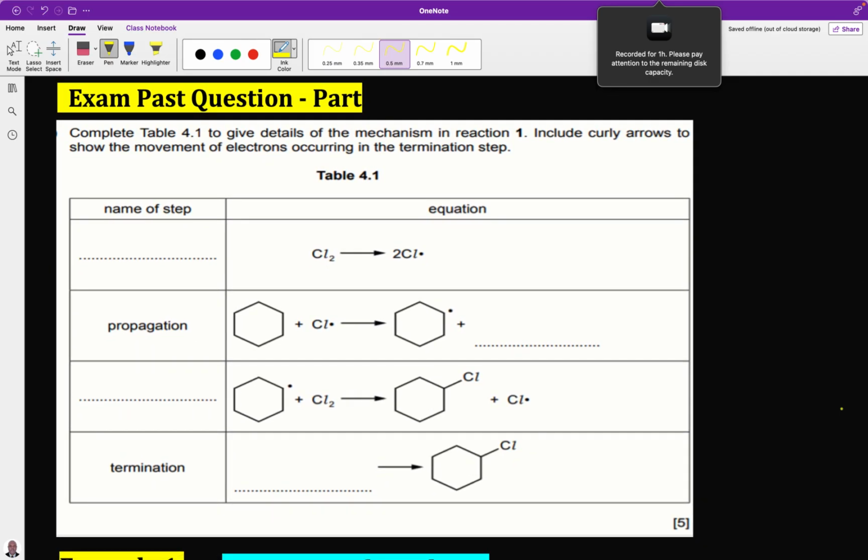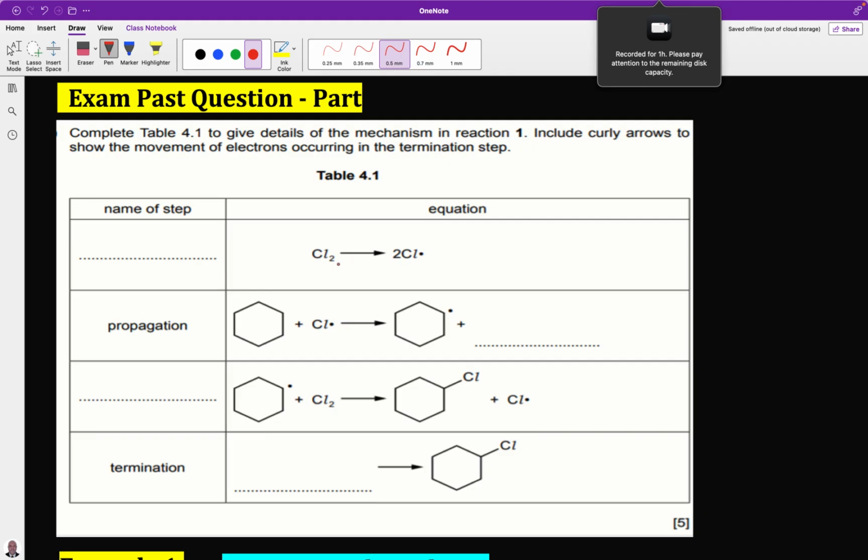Let's see how we can answer this question. Complete table 4.1 to give details of the mechanism in reaction 1. The reaction was already mentioned. Include curly arrows to show the movement of electrons occurring in the termination stage.